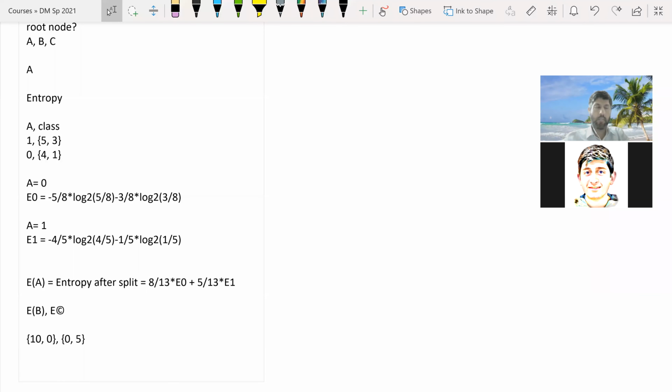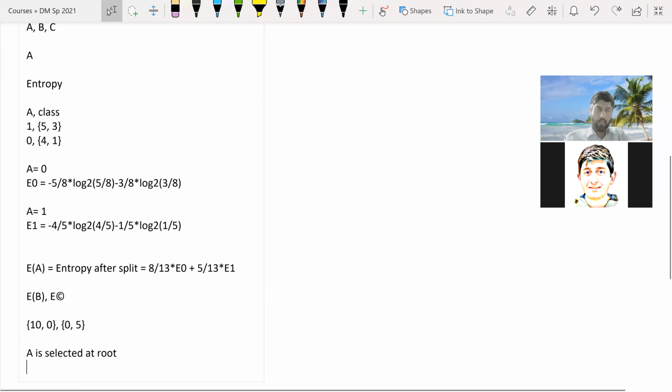Since we are using the best option each time, this is a greedy decision. I don't have the full data set, so let's assume we have selected one, and let's say A is selected at the root. This means A has the lowest entropy after the split.